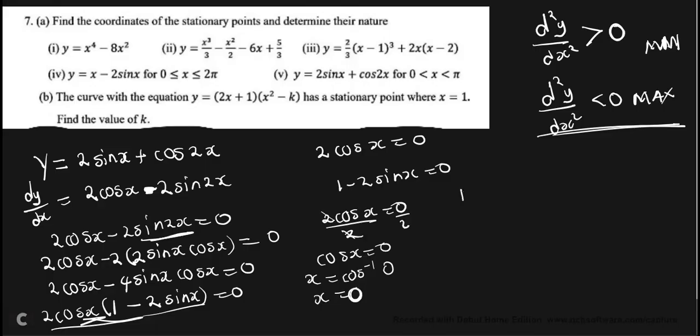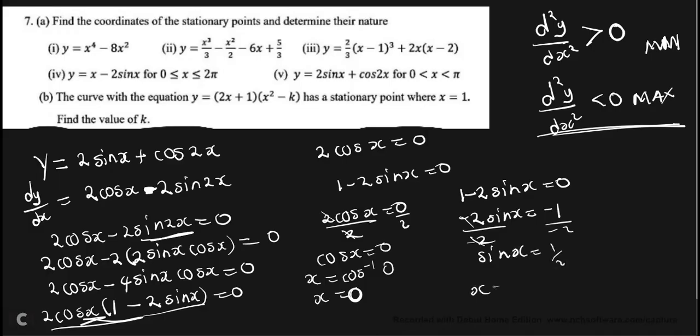Then the other one is 1 minus 2 sine x equals 0, such that 2 sine x equals 1. Then sine x equals 1 over 2, then x is equal to sine inverse of 1 over 2. The answer that you will get is 30.